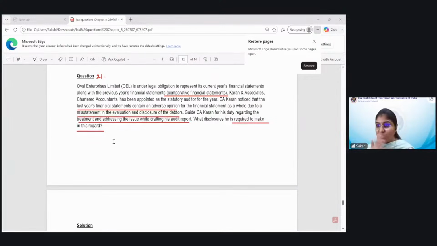Adverse means it was material and pervasive, due to misstatement in the evaluation and disclosure of debtors. Guide CA Current on his duty regarding the treatment and addressing of the issue while drafting his report, and what disclosure he is required to make in this regard.